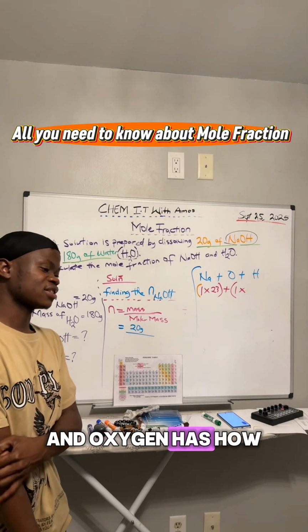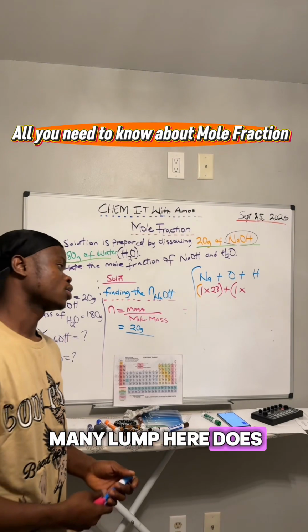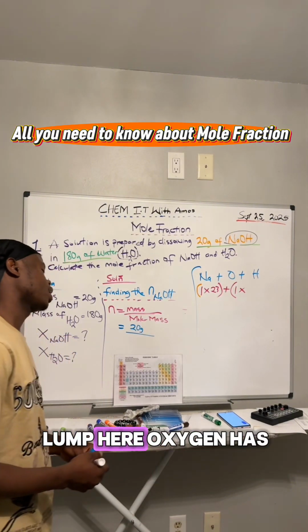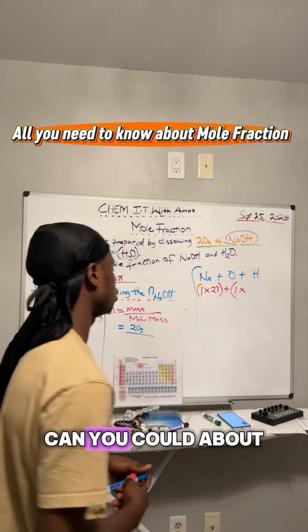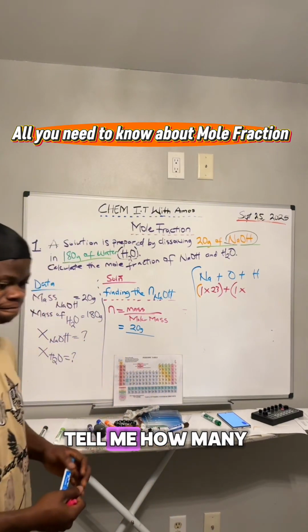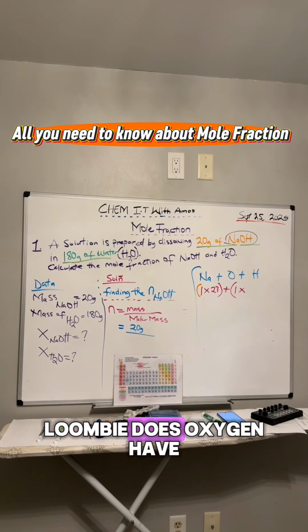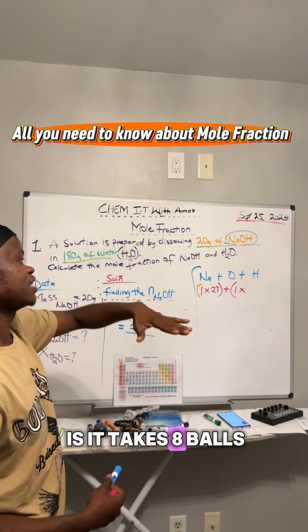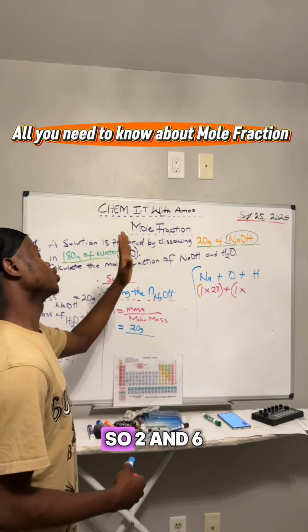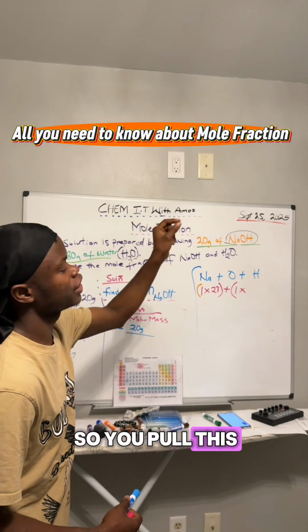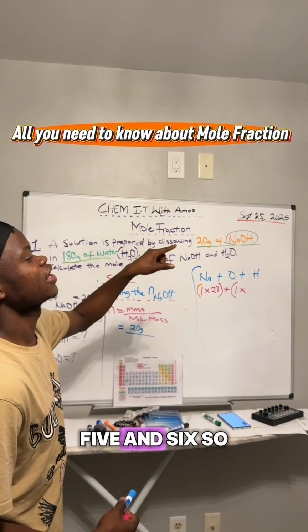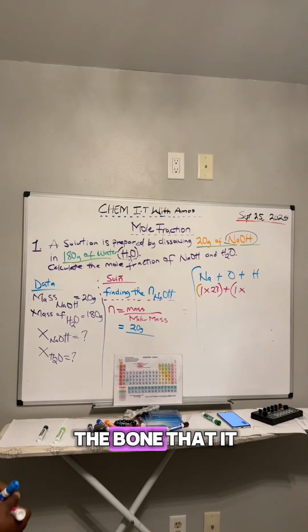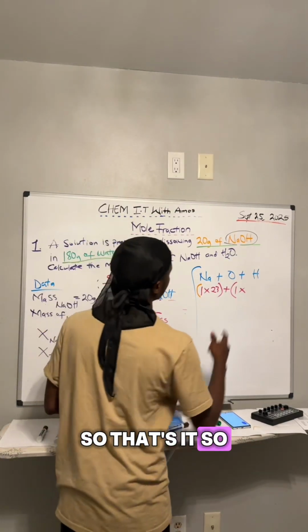How many lone pairs does oxygen have? Because the first shell takes 2, then the next one takes 8, but since oxygen needs 6 more to make it 8, so 2 and 6. So you put 4, 5, and 6. So 2 become vacant, which is the bonds that it can form.